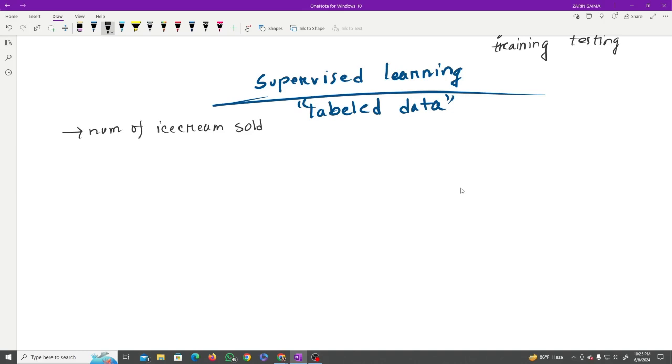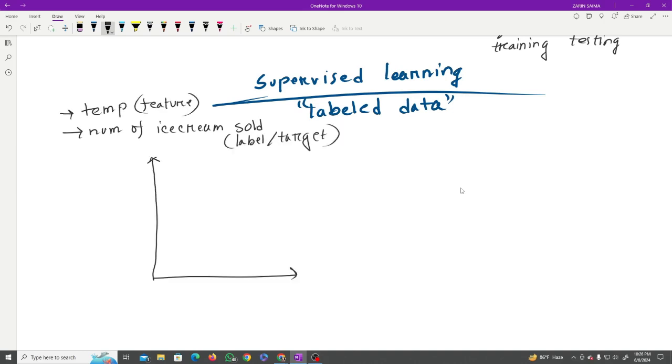Yes, so you can draw a graph like that, and in this part, since it is the x value and it is the y value, temperature will be here, and your number of ice creams will be here.